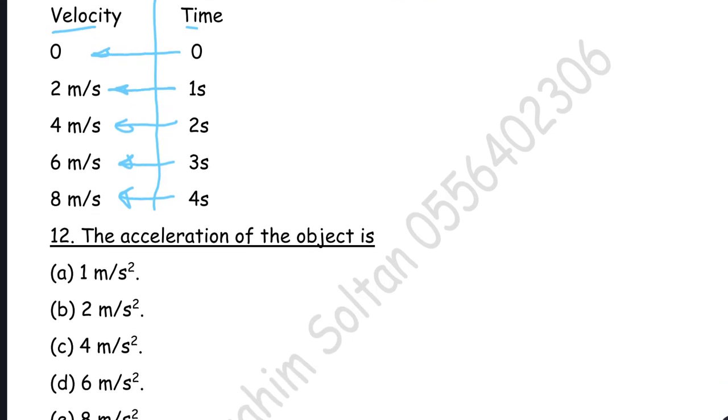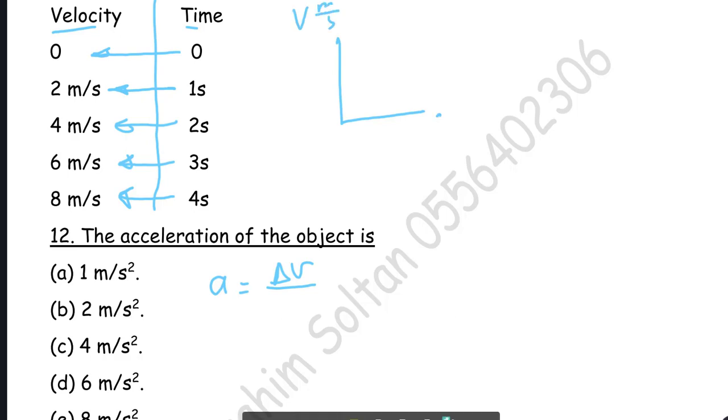Let's calculate the acceleration. Guys, acceleration is the slope of the graph. If we draw a graph between velocity in meters per second and time in seconds, you will get a straight line here, and the slope of this straight line, dv by dt, equals acceleration.